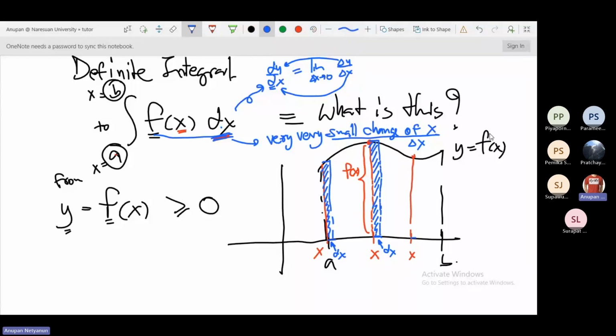I put the small side dx to here, I can form the rectangle, and the product of f(x) and dx is the area of this rectangle.